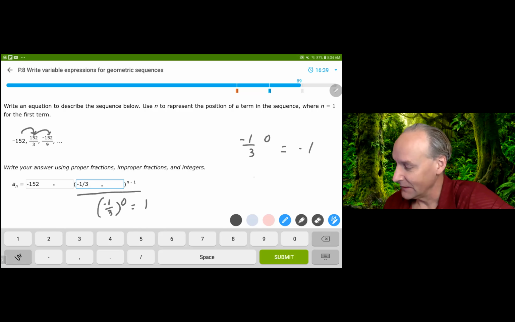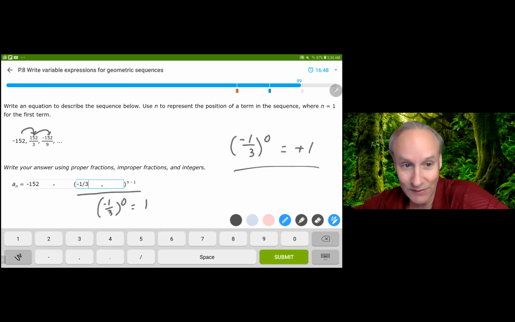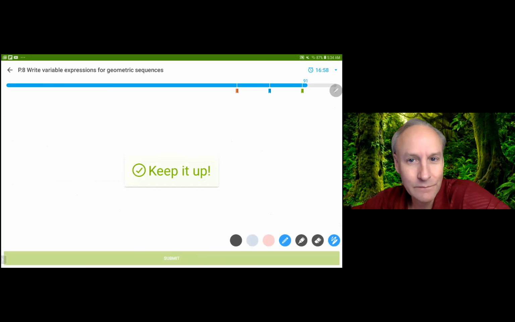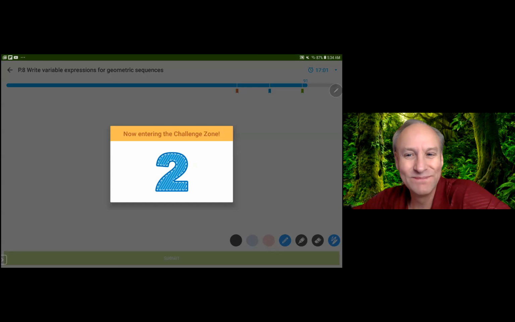Well, watch out. If you don't put the parentheses around this, it really is -1. But this is +1. And your calculator will mess you up. So watch out. Anyway, there it is. And it is alternating. And there we go. We're getting there.